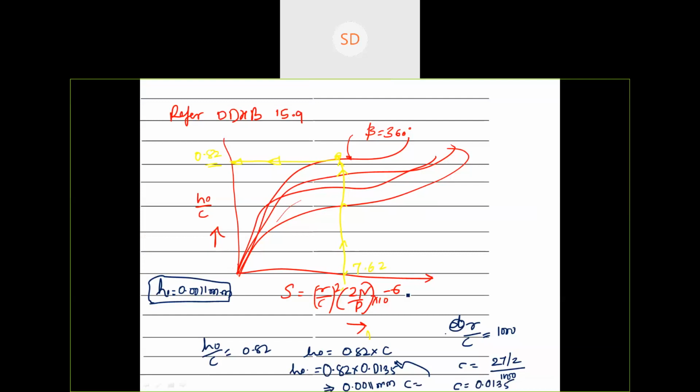So we'll go for the calculation of flow rate.